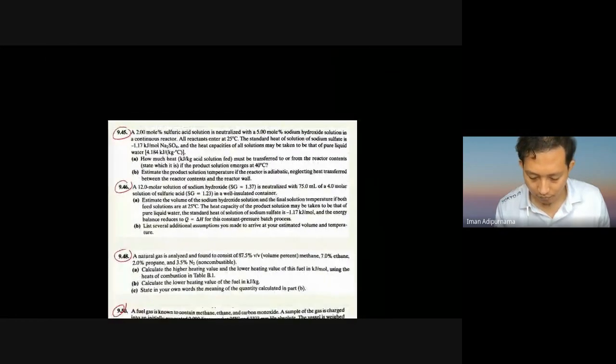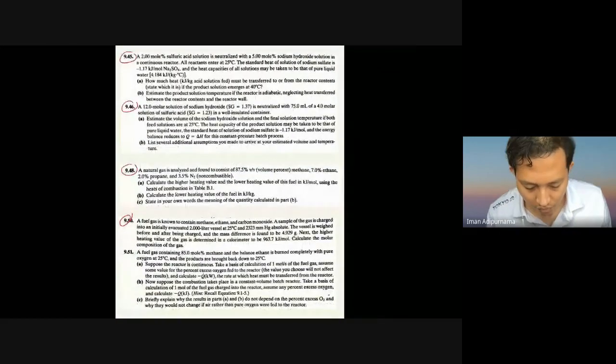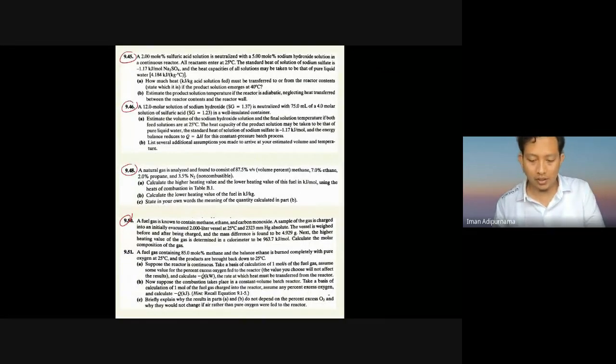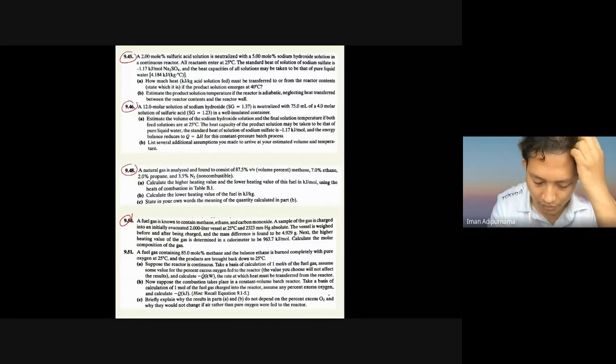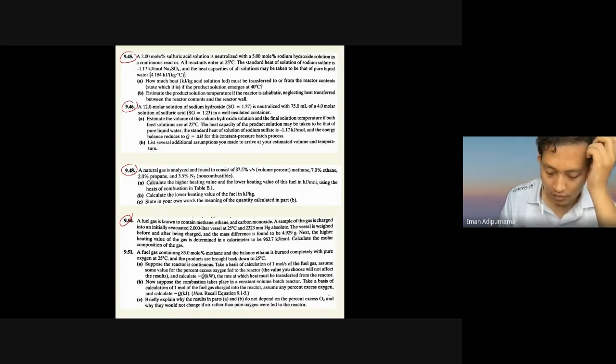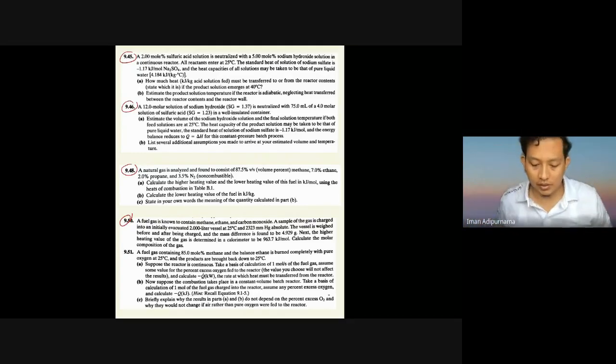A 2 mole percent sulfuric acid neutralized with 5% of sodium hydroxide in continuous reactors. All reactants enter at 25 degrees Celsius. Standard heat of solutions: you do have the standard heat of solution, delta HS, for sodium sulfate.